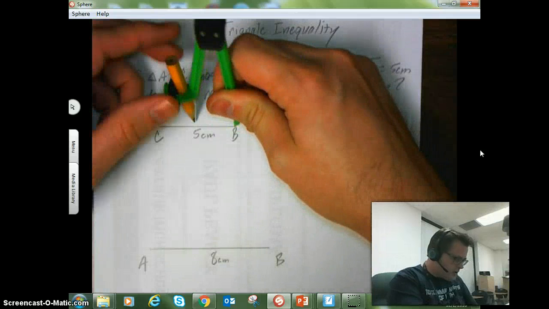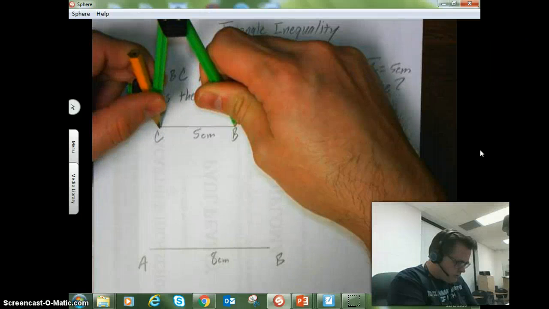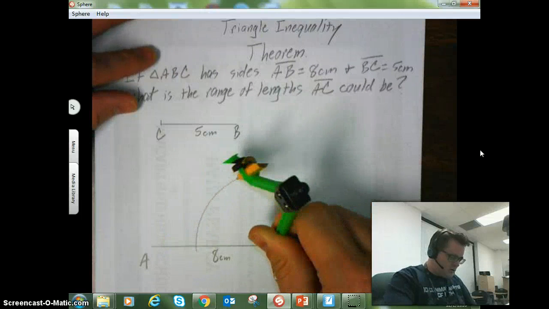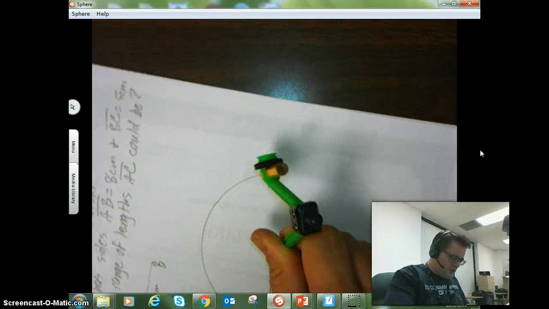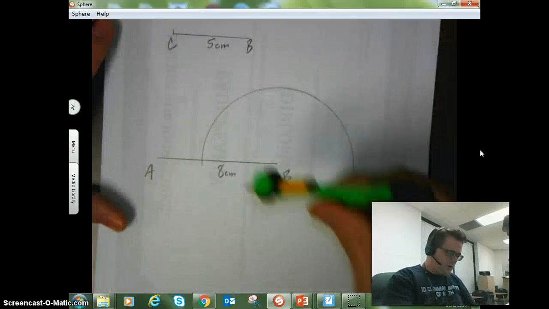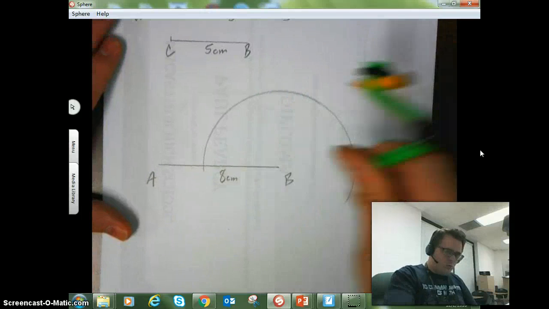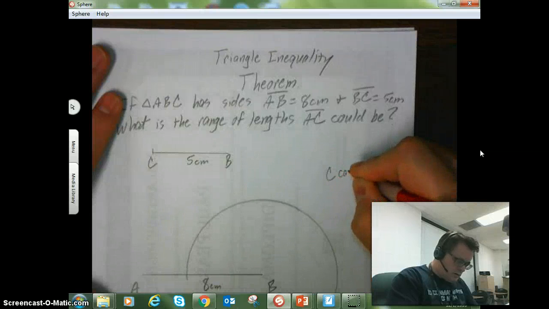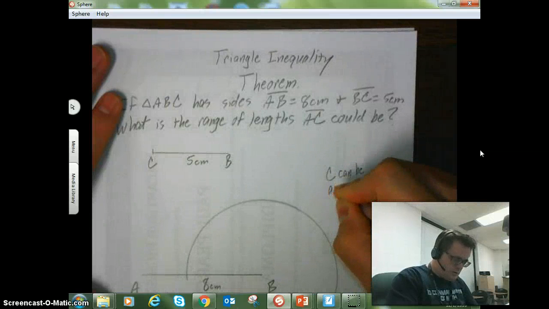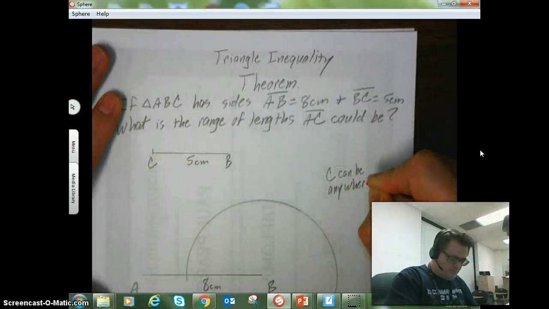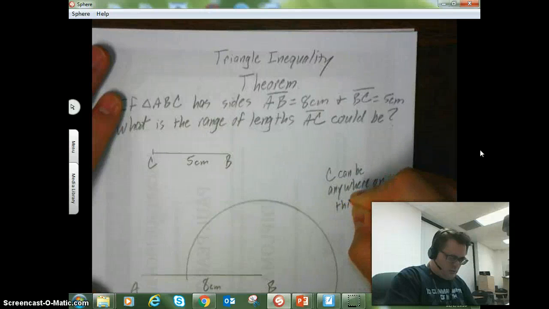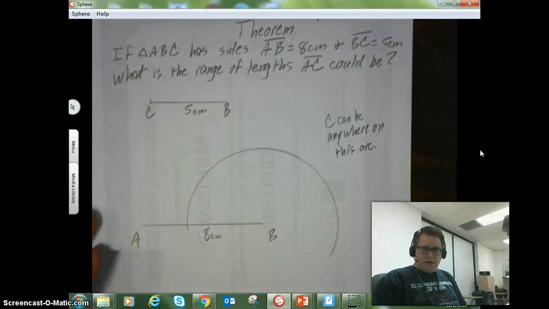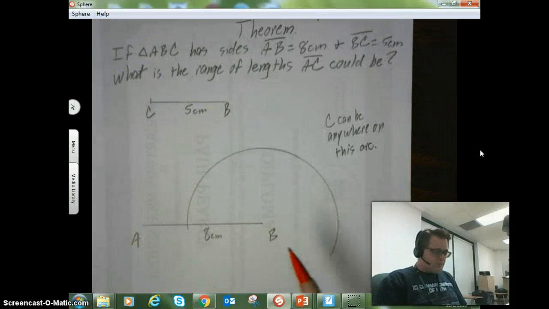So I'm going to copy segment BC with my protractor, and I'm going to put an arc from point B. What this arc represents is, essentially, if we kept going around, we would see a complete circle with a radius of 5 centimeters.